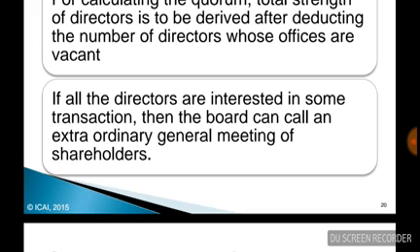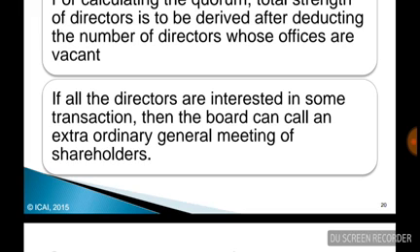Okay, what was incorporated in the Act? If any director who is appointed as a director in the company has any interest, he has to disclose that he is holding more than 2% voting power, where he is a partner, where he is a member, and in which companies he is a promoter or manager. All the details he has to submit to the company in the board meeting held after he has become an interested director.